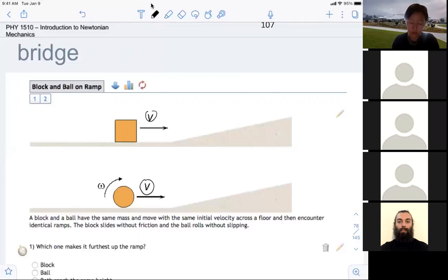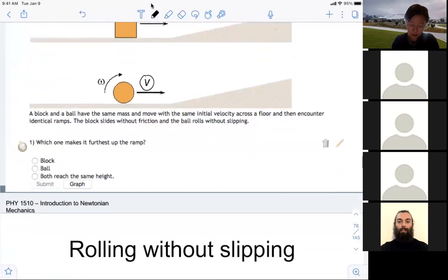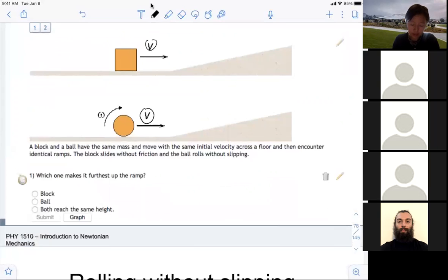You can see that that's very important. One is a block, one is a ball. Which one will make it furthest up the ramp? This one will have only kinetic energy 1/2 mv squared. The ball has 1/2 mv squared plus the rotational energy. You give it the same kinetic energy to begin with.